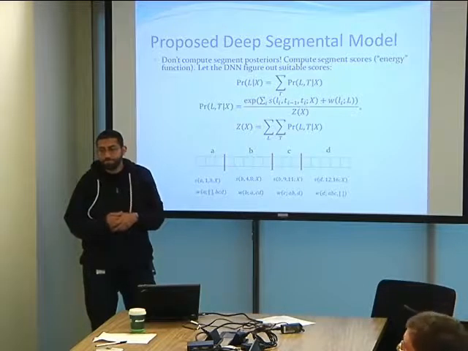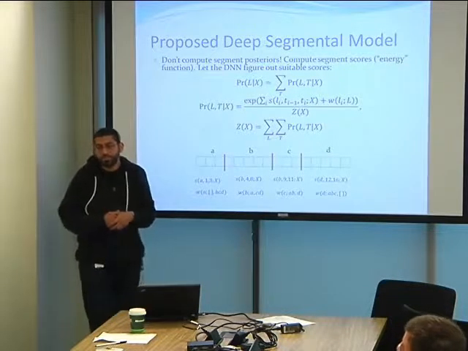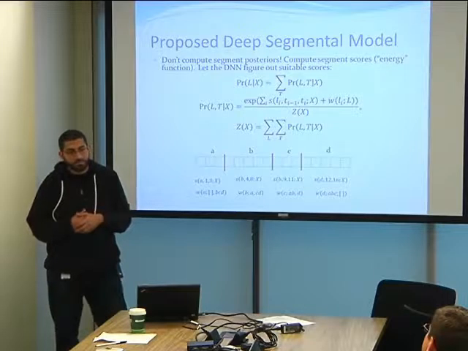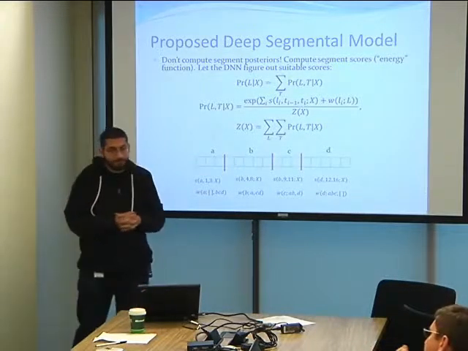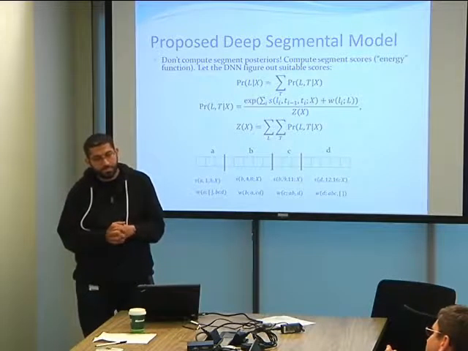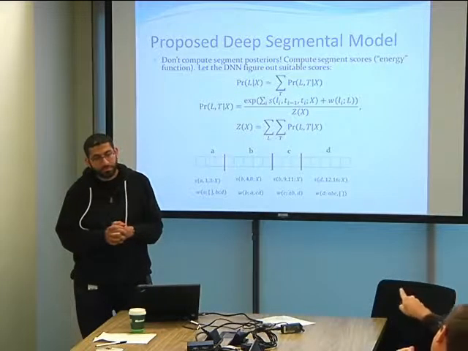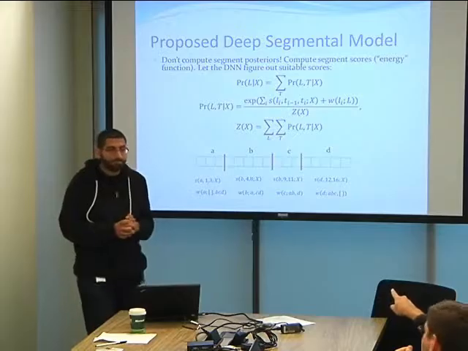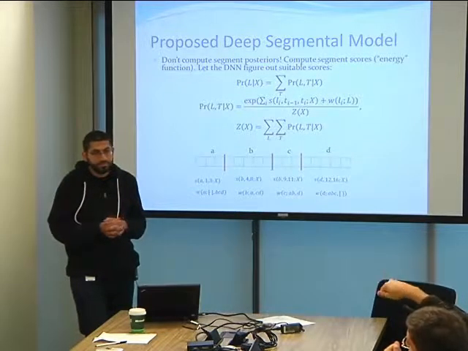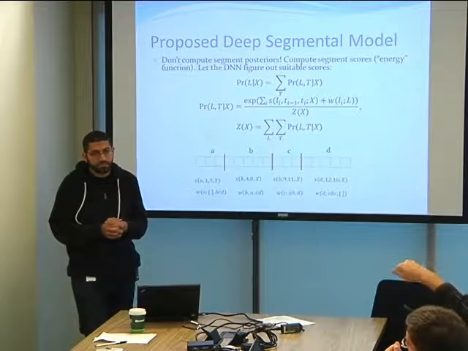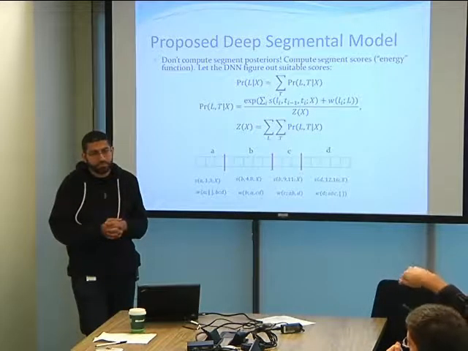So how does the language model get incorporated into the segmental CRF? There's a transition function between labels. So you have the segments labeled by something, and what you label them by is actually states in a finite state language model.